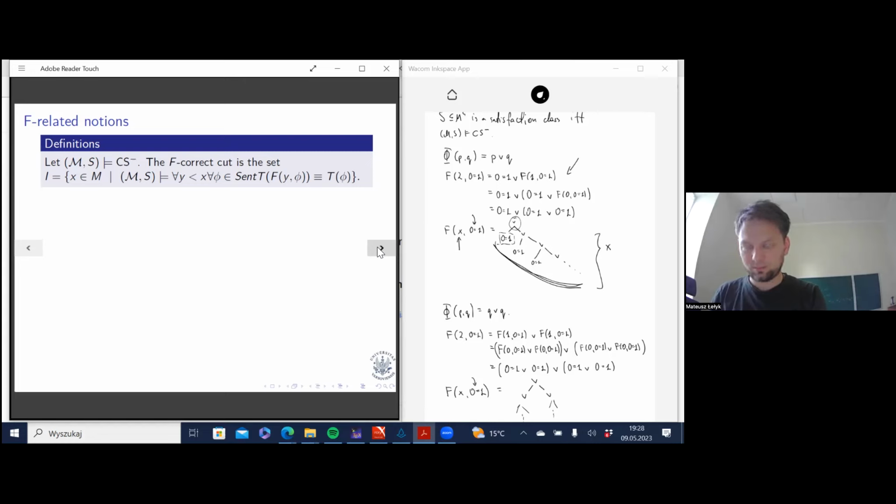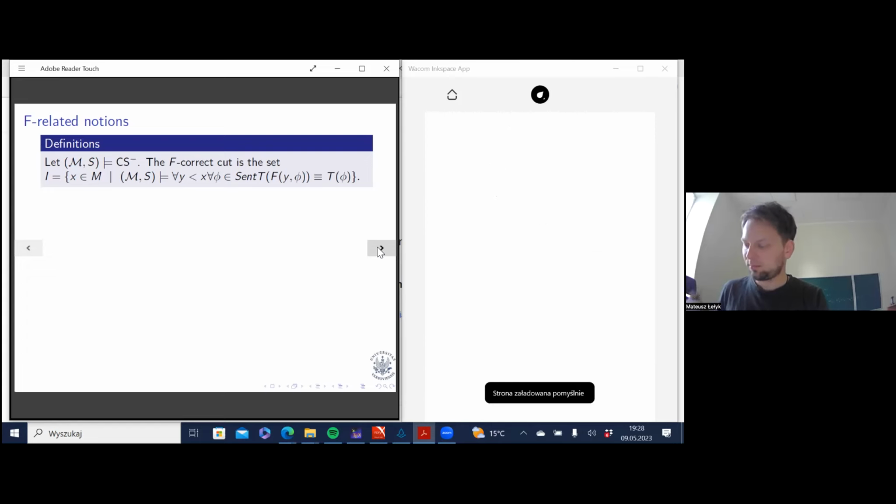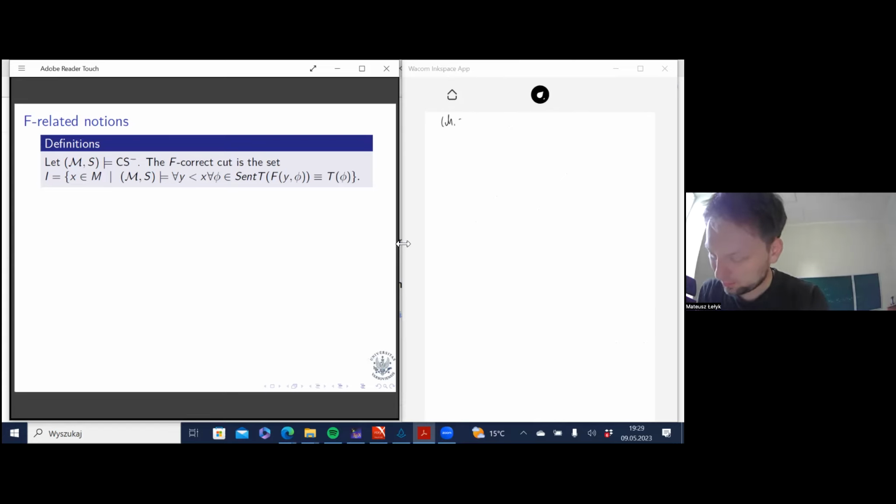So if you have any C that is above I, there is some sentence where the iteration of length some X below that C is going to be wrong. There may be some sentences where the correct set for that sentence is everything, but this is saying the other way around: for each number, there is some sentence where it messes up. Yes, thanks a lot. So this is okay.